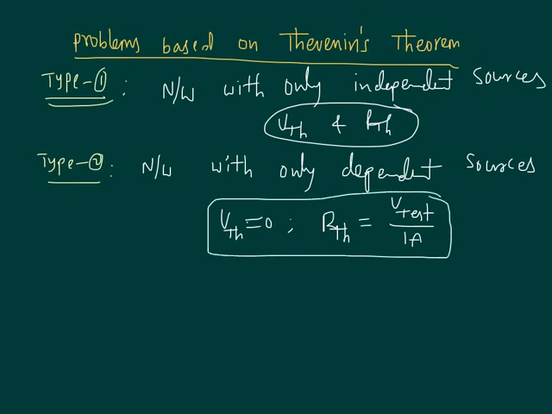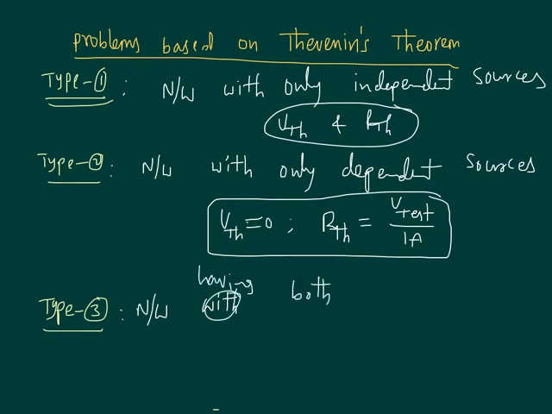Okay, next, type 3 problem: network having both independent and dependent sources.